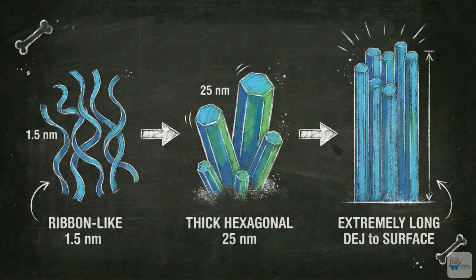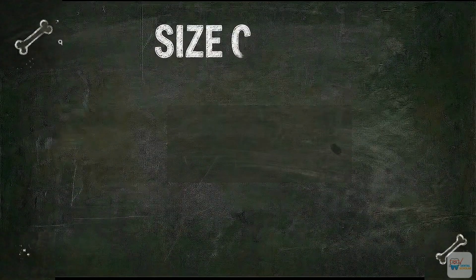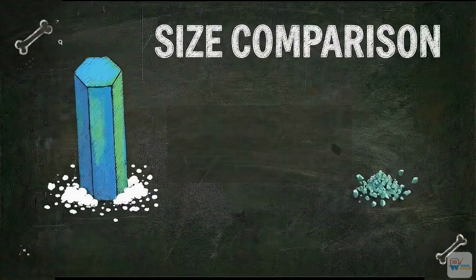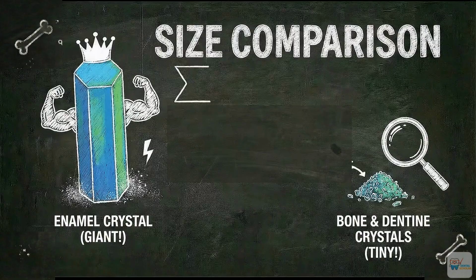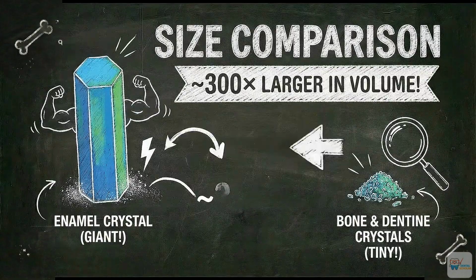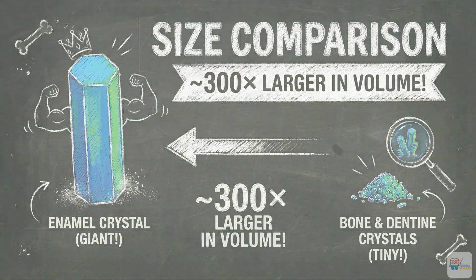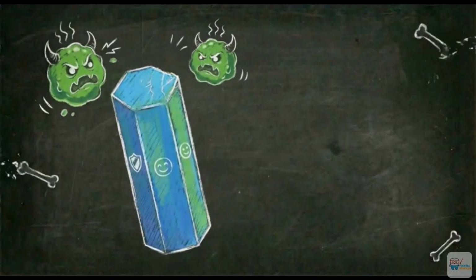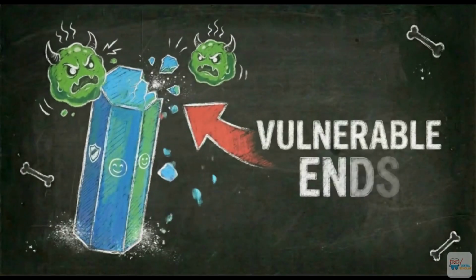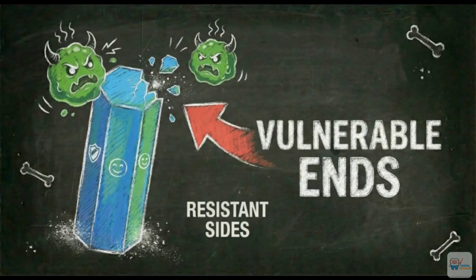Some authors often claim that these hydroxyapatite crystals extend from DEJ all the way to the enamel surface. Enamel hydroxyapatite crystals are giants, the largest biological crystals in the human body, roughly 300 times larger in volume than those in bone or dentine. Because of that central hydroxyl core we looked at earlier, these crystals show selective reactivity.